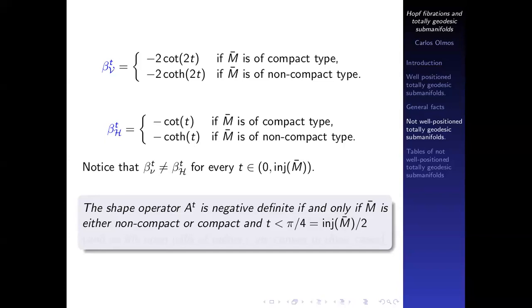In the compact case, it's definite up to t equals p/4. And that means this is just the point where the geodesic spheres, no, the geodesic balls, are not anymore convex.